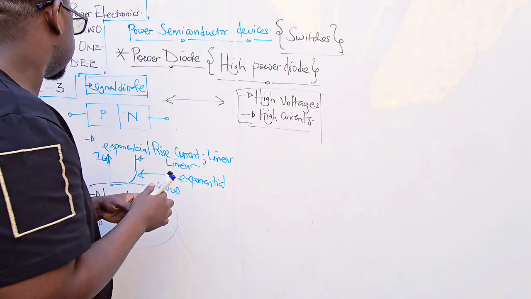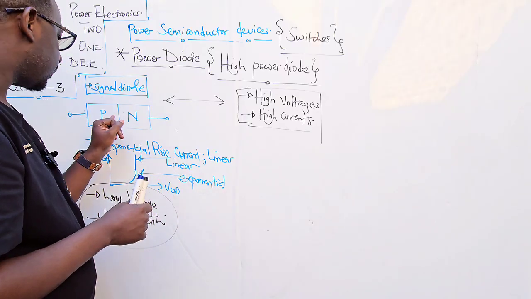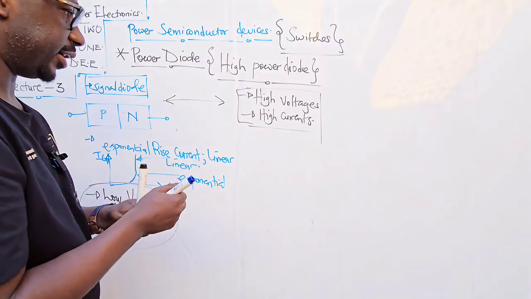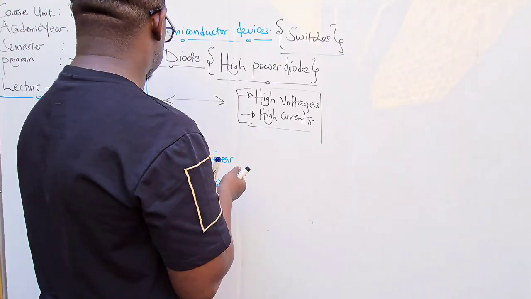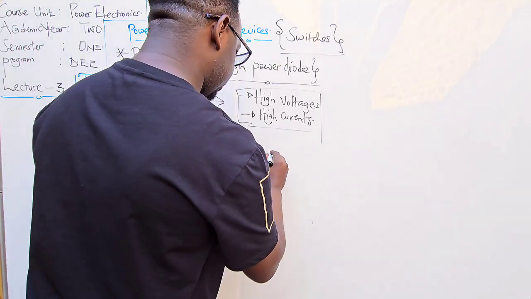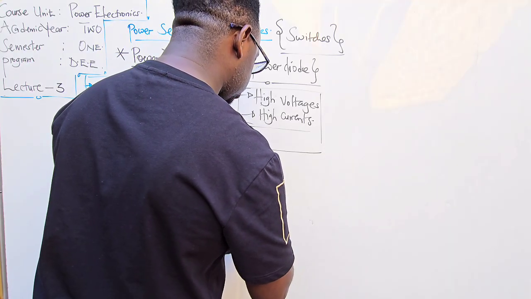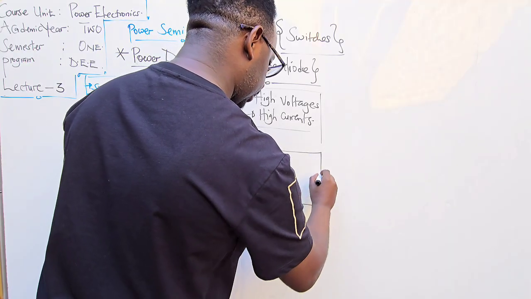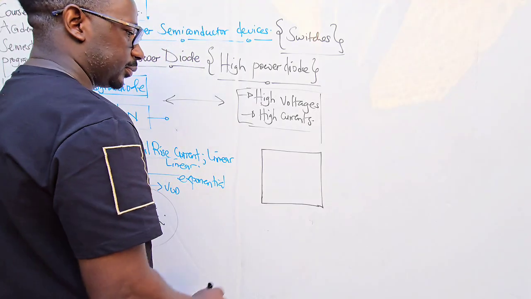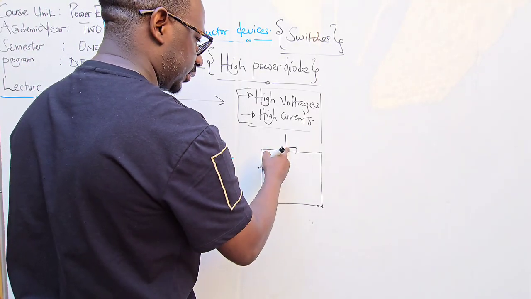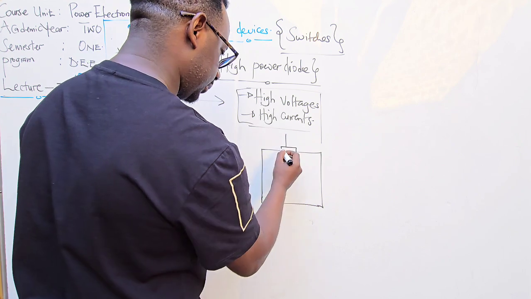So what is the internal construction of the power diode as compared to a signal diode? This is how it's constructed on the inside. Remember, it's constructed with high currents and high voltages in mind.